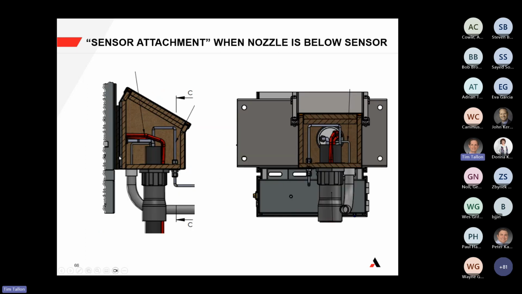Then when you look at it from the boot at the bottom perspective, when the nozzle is below the sensor, you can also see that it connects right into the attachment, just a cutaway, and a nice, more straightforward, reduced risk of cold spots with this type of heated sample arrangement.